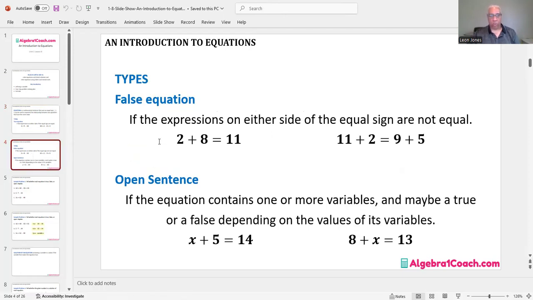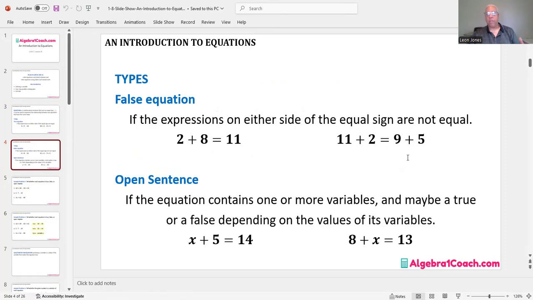Now, false: if expressions on either side of the equal sign are not equal. 11 plus 2 equals 13, 9 plus 5 equals 14, and 13 does not equal 14.